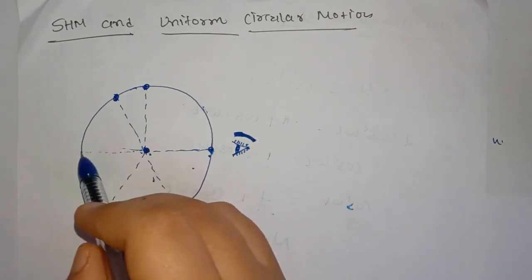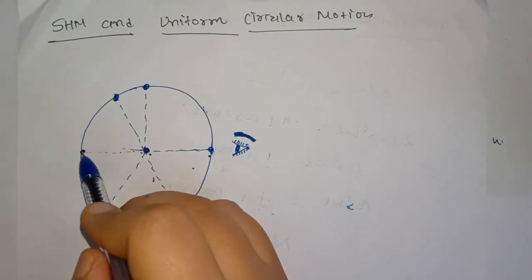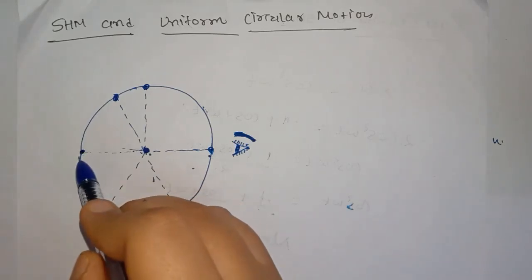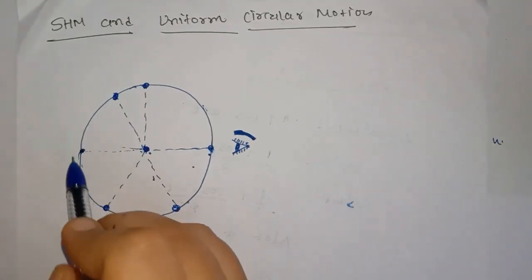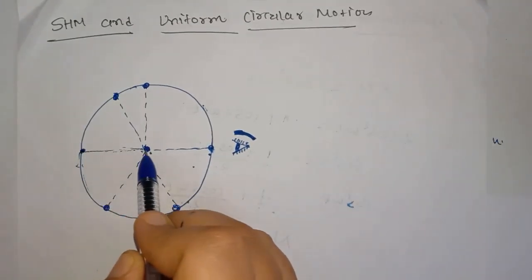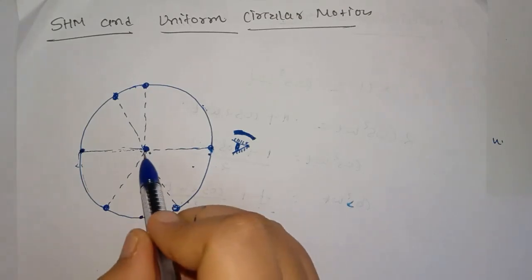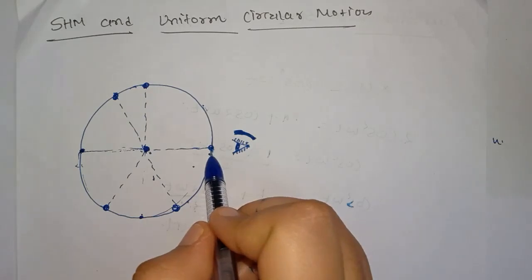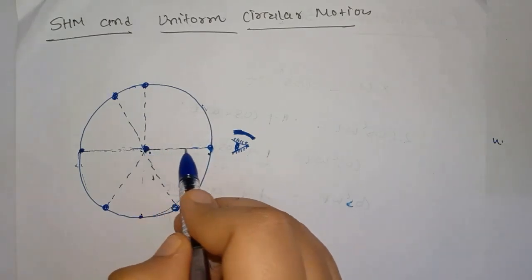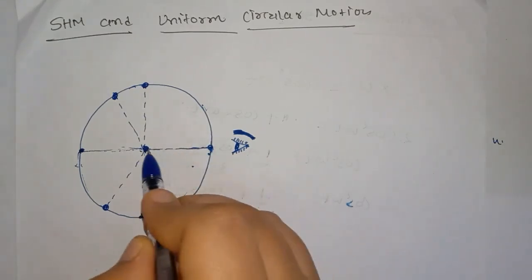When it reaches this point, its shadow and the insect will be at the same point. Now again it crawls further downward, so its shadow will move again towards the center. At this point its shadow will be at the center. Again it is moving towards its initial position and the shadow is moving along this radius.